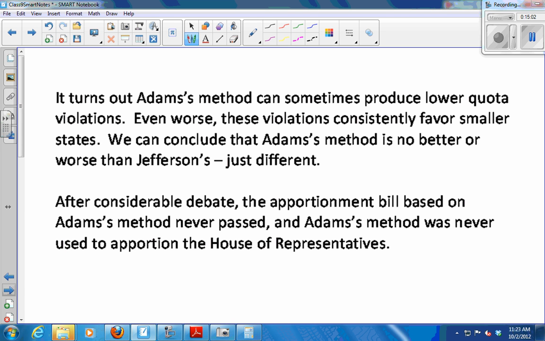Now which one you want just depends on what size state you live in, right? So we can conclude that Adams' method is no better and no worse than Jefferson's, it just has a different problem. After considerable debate, the apportionment bill based on Adams' method never actually passed, and Adams' method was never used to apportion the House of Representatives.